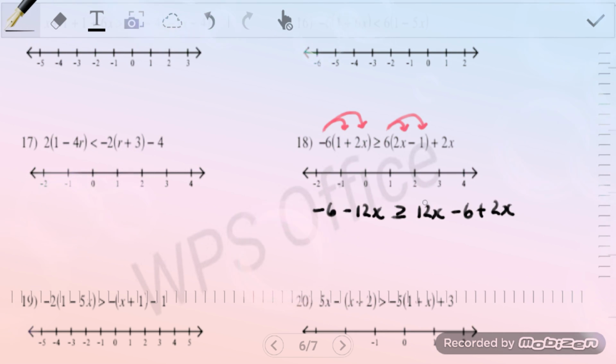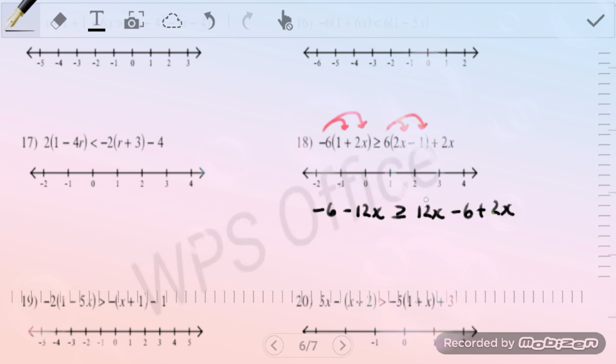Now, getting the x's on one side, you can find that 12x is larger than -12x, and also 2x is larger than -12x. So it is safest to transpose the -12x over to the right side.